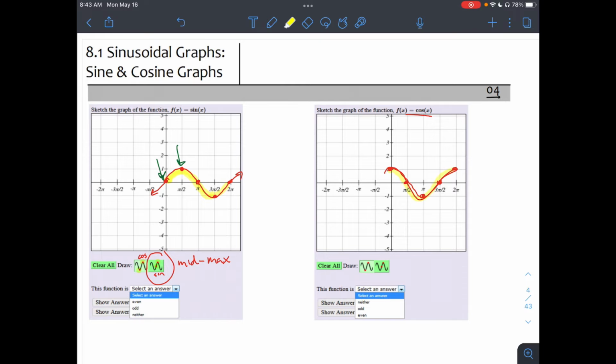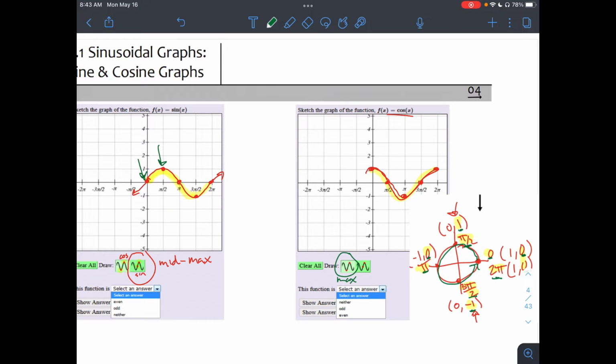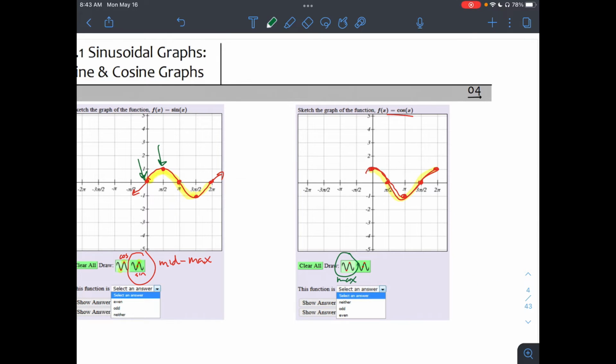However, when you use this graphing utility, the graphing utility for cosine is going to be a max, and then it's going to jump all the way to the minimum. So when we plot the points for this, we would start at a maximum, and then the second point we'd choose would be this minimum, and that's going to complete the cosine function when you're graphing it.